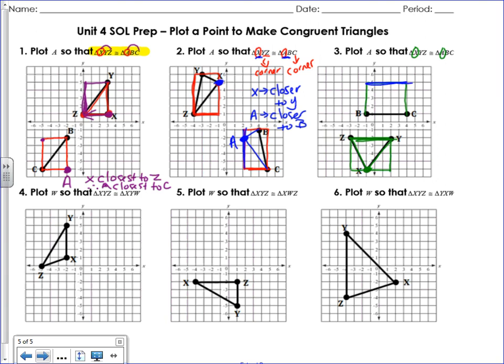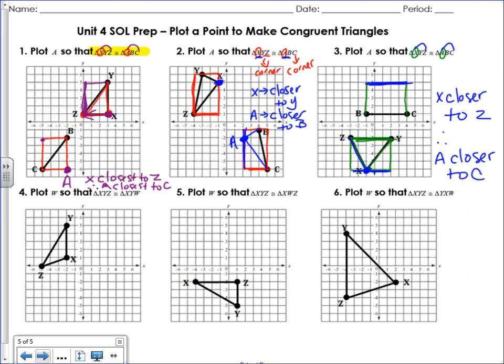Then I just have to figure out what A should be closer to. X is closer to Z. Therefore, A should be closer to C. Right? X is closer to Z, so A should be closer to C. I see that it hits 2 on one side, 3 on the other.